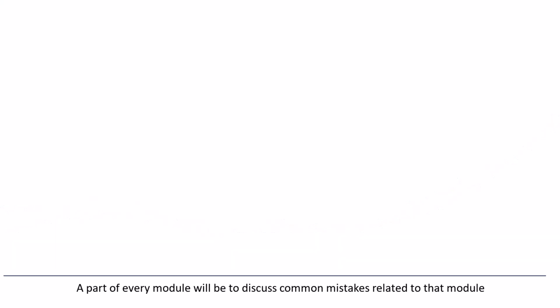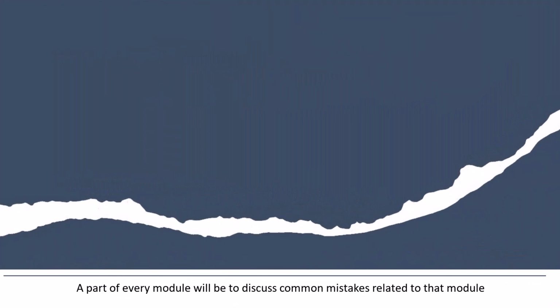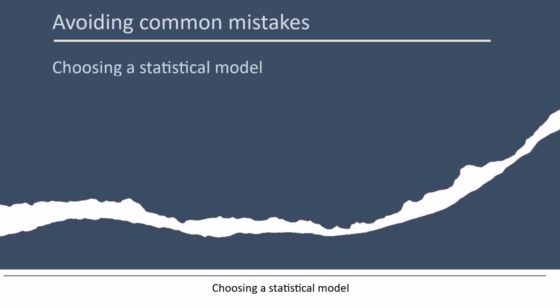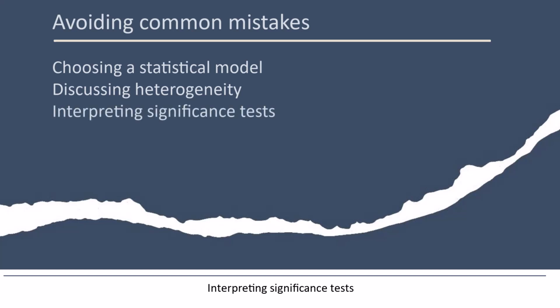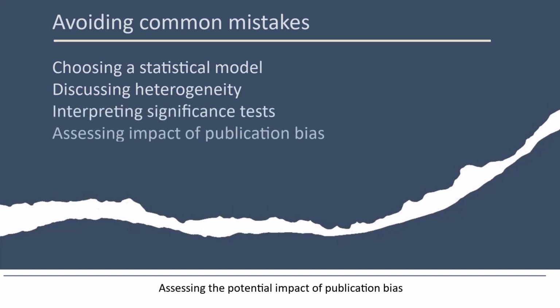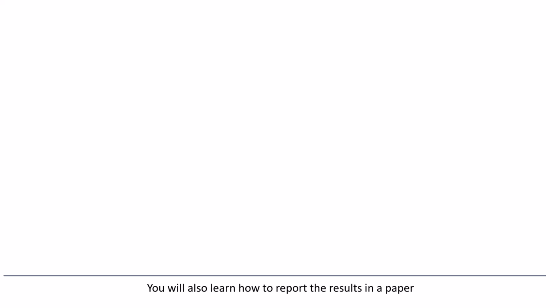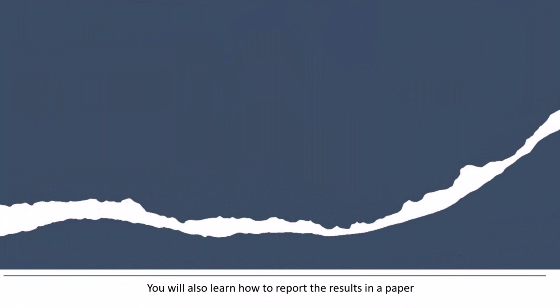A part of every module will be to discuss common mistakes related to that module. This includes common mistakes related to choosing a statistical model, discussing heterogeneity, interpreting significance tests, assessing the potential impact of publication bias, and comparing subgroups. You'll also learn how to report the results in a paper.